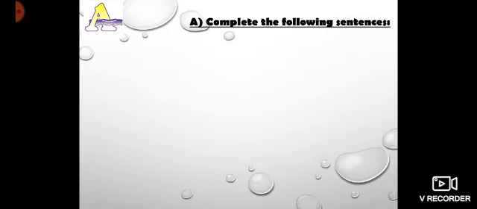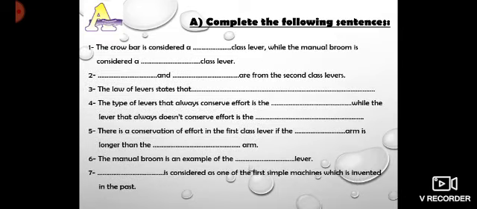Now, let's start our revision with the first question, which is: complete the following sentences. 1. The crowbar is considered as a first class lever, while the manual broom is considered as a third class lever. 2.